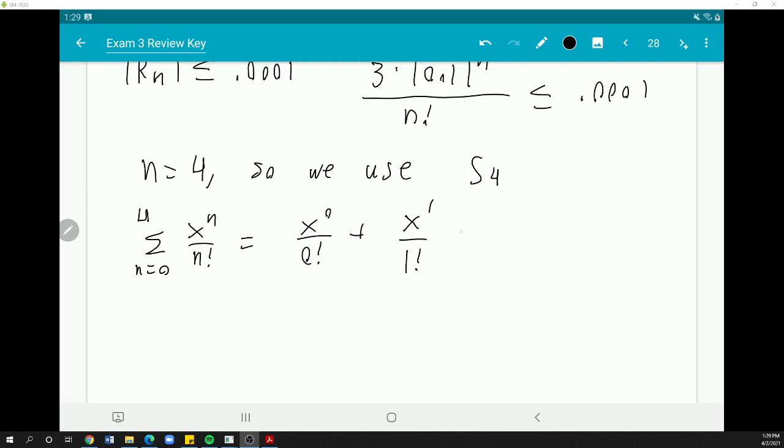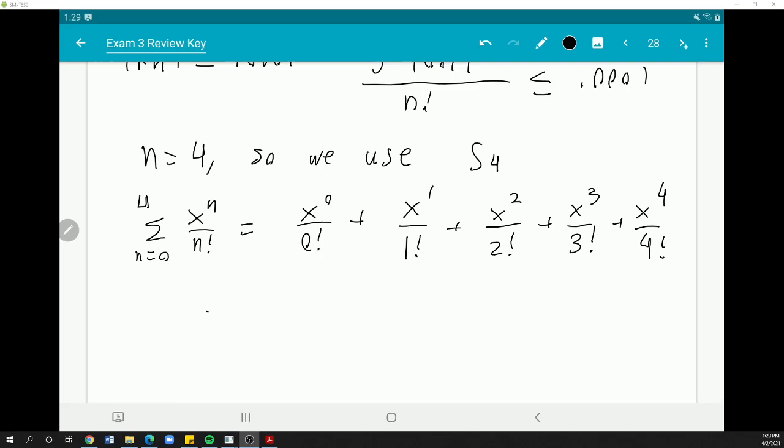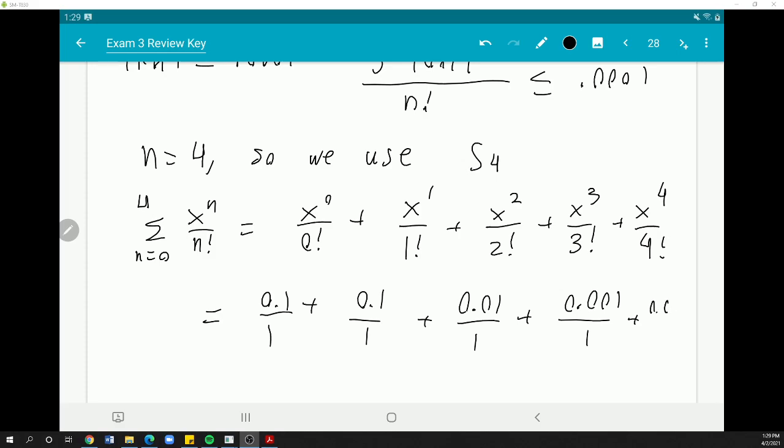x to the 1 over 1 factorial plus x squared over 2 factorial plus x cubed over 3 factorial plus x to the 4th over 4 factorial. So plugging in 0.1, we get 1 plus 0.1 over 1 plus 0.01 over 2 plus 0.001 over 6 plus 0.0001 over 24. Sorry, these aren't 1: 2, 6, 24, I autopiloted there.